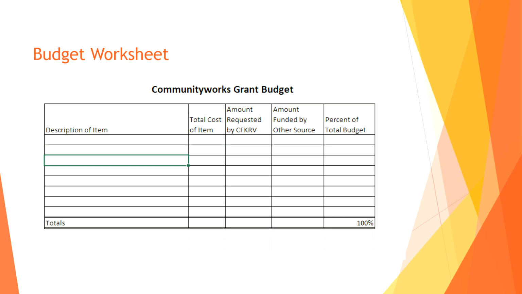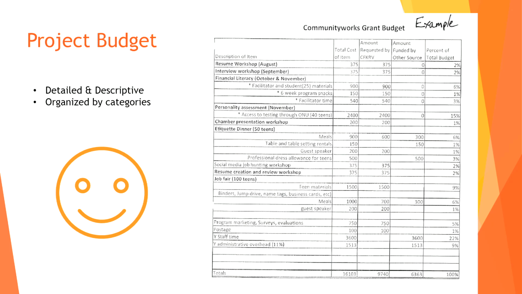This spreadsheet is included in the grant writing tools section under the grants tab on our website, and is also linked directly in the application. So you'll click that link in the application, it'll download this worksheet, and then you'll go ahead and fill it in, save it, and upload it for your budget.